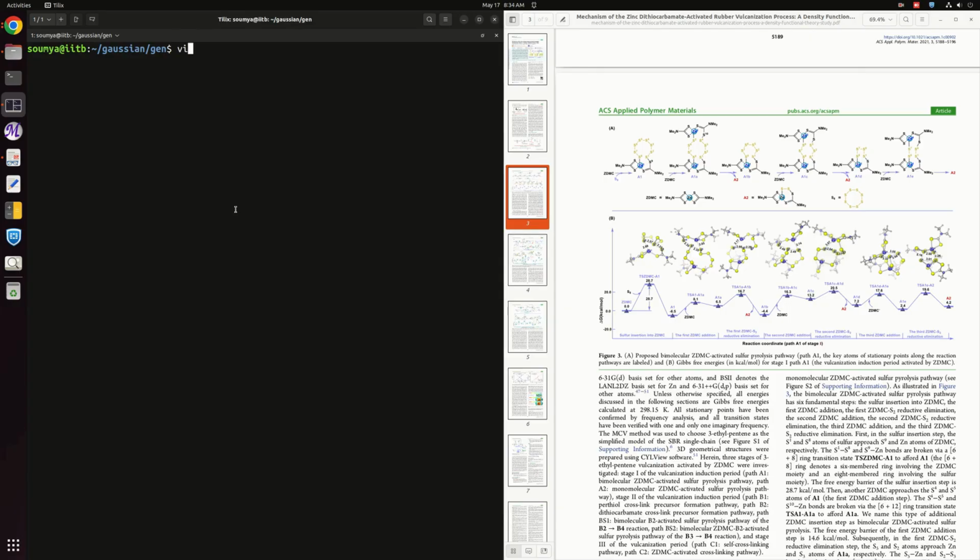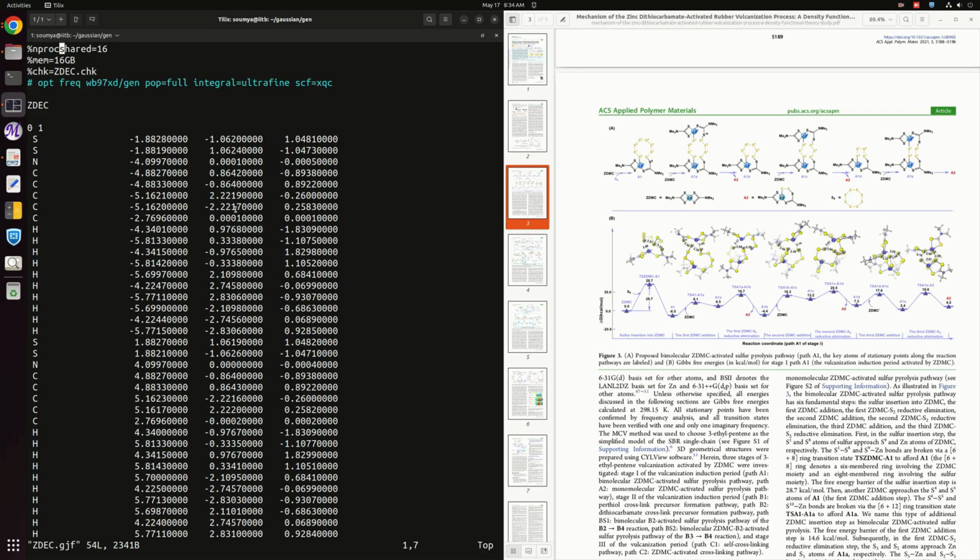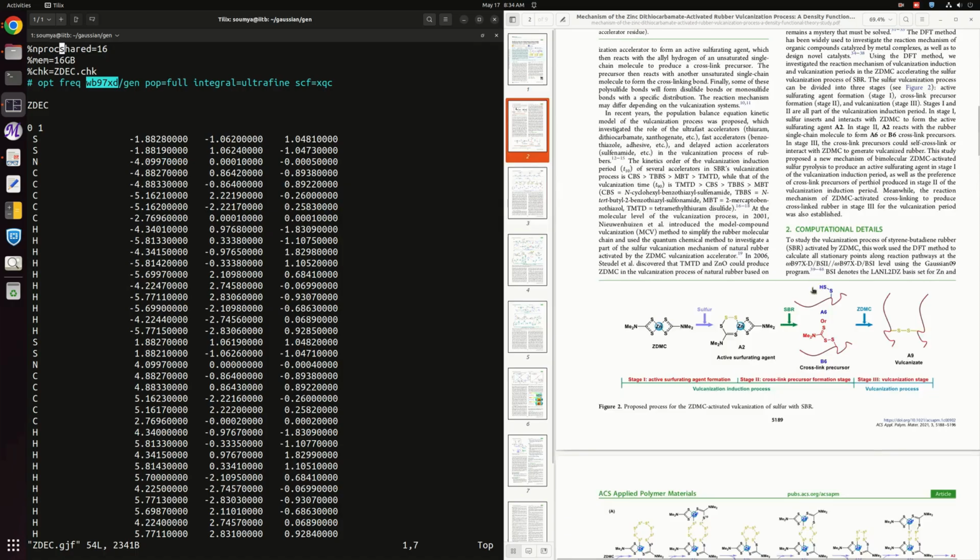First I am going to open that. As you can see, we are performing a similar calculation as we typically do. We are calculating OPT and frequency: we will optimize one molecule and also do the frequency calculation. Here we have taken the functional as WB97XD instead of B3LYP, because we are going along with this paper.